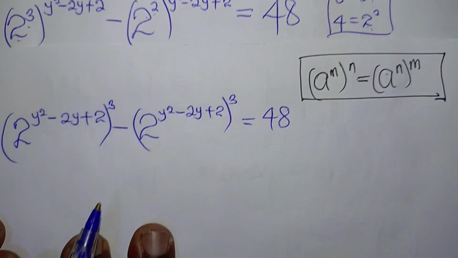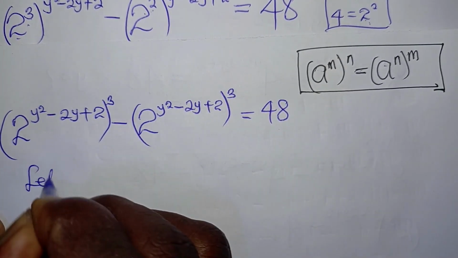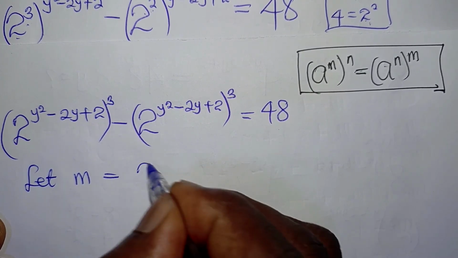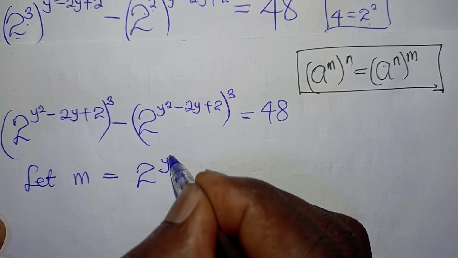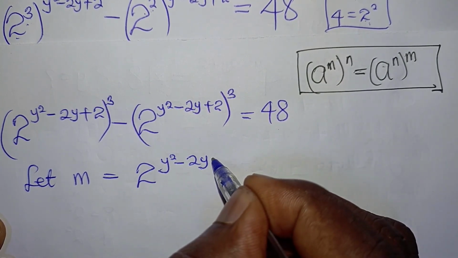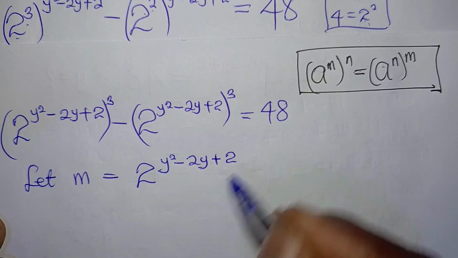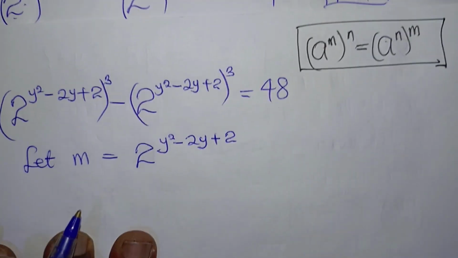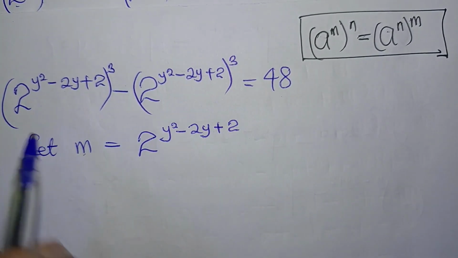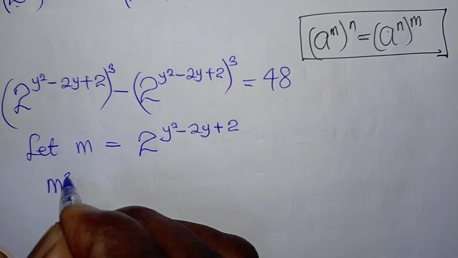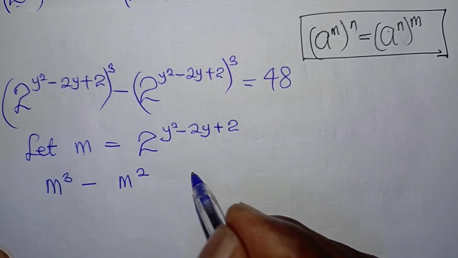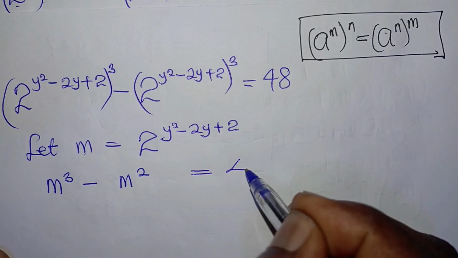Right. So we can say let m equal 2 raised to the power y squared minus 2y plus 2. That is it. So it means that we can replace m in the bracket. Putting m here, we get m to the power 3 minus m squared equals 48.